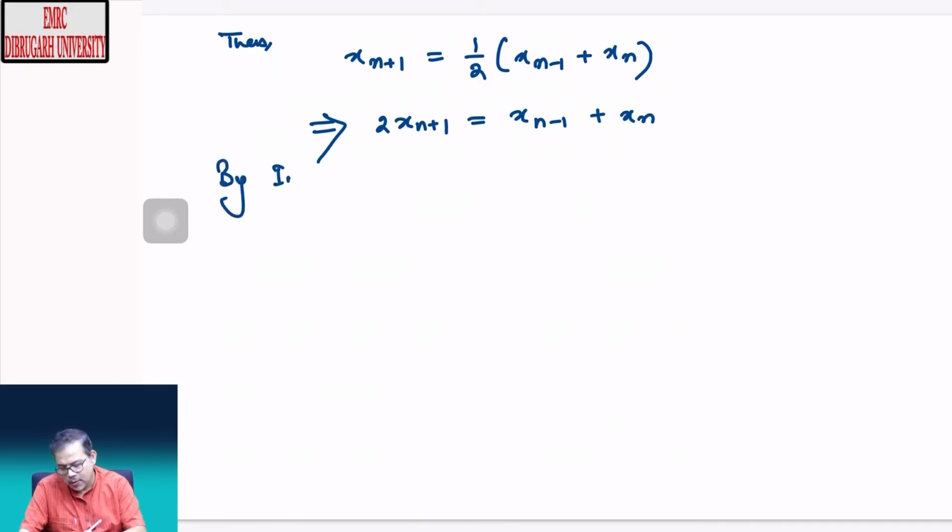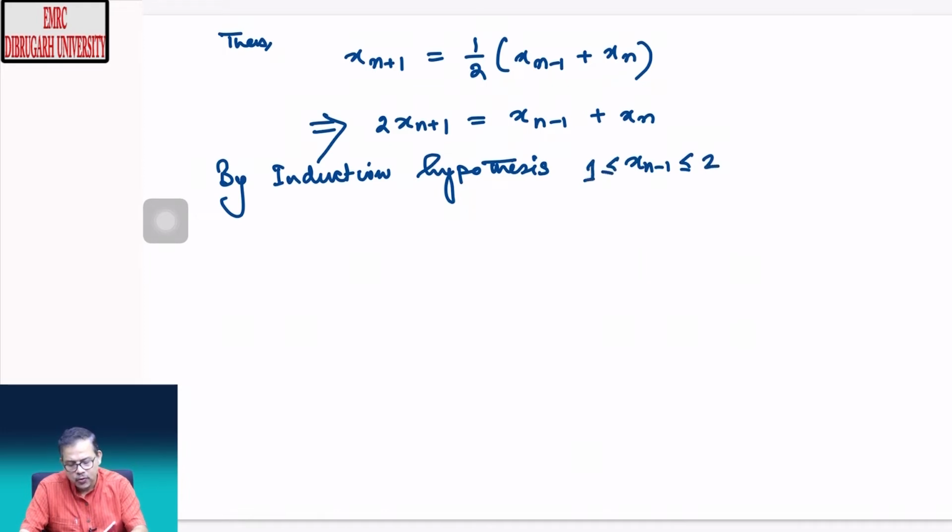By induction hypothesis, x n minus 1 is lying between 1 and 2, and similarly x n also is lying between 1 and 2.